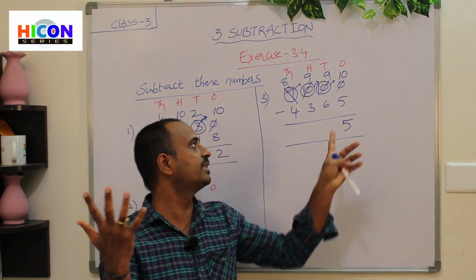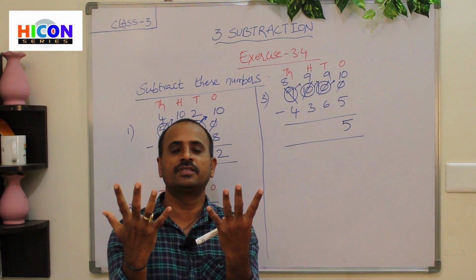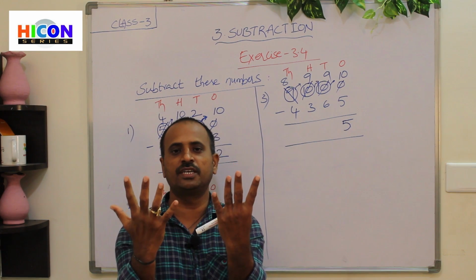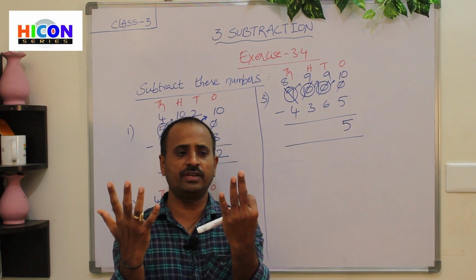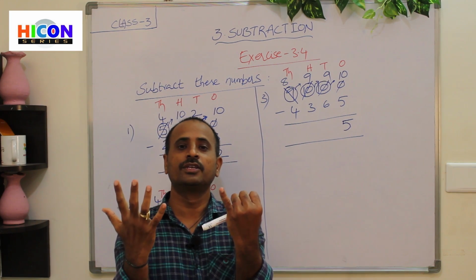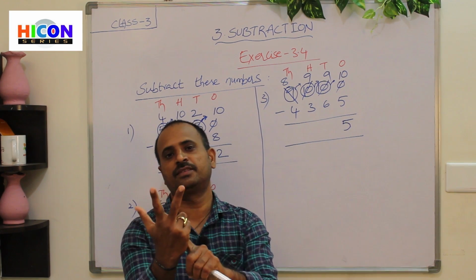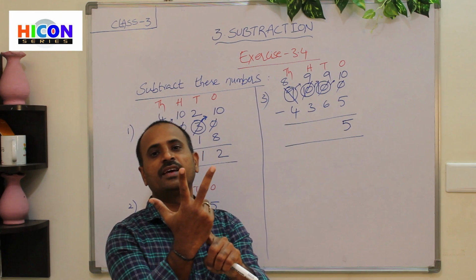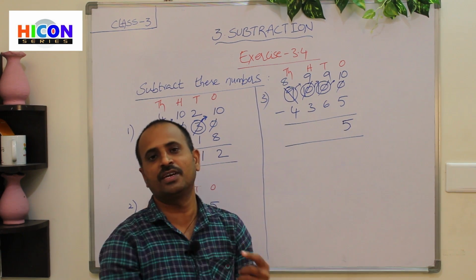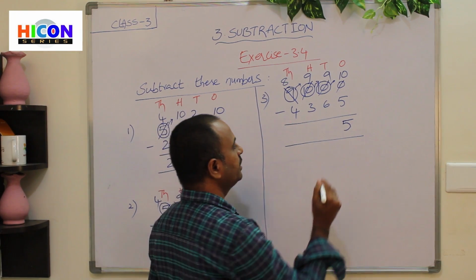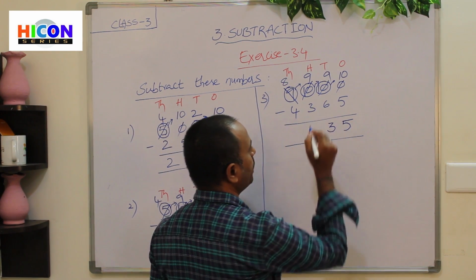What is the second number there? 6 is the second number. So close 6 fingers among these 9 fingers. 1, 2, 3, 4, 5, 6. Now children, how many fingers are remaining? There are 1, 2, 3. There are 3 fingers remaining. So write 3 under tens place.